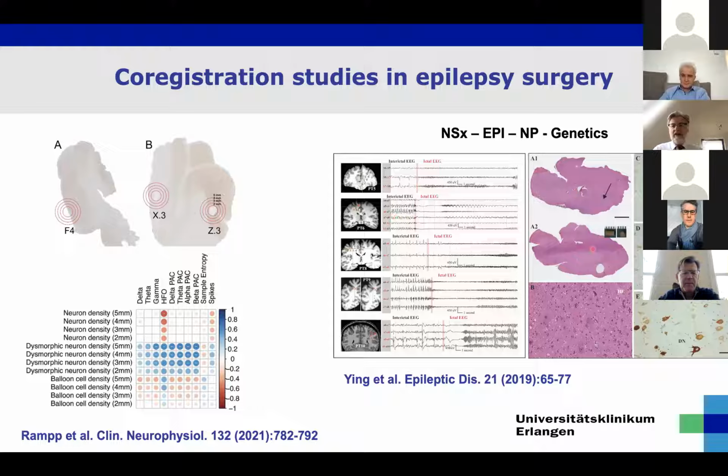And here we wanted to see the genetic signature of the FCD in very close relation to the neurophysiological trace. And you see here, this is the patch, the microdissection, where we took the tissue right out of the FCD2 and could prove there an mTOR mutation.